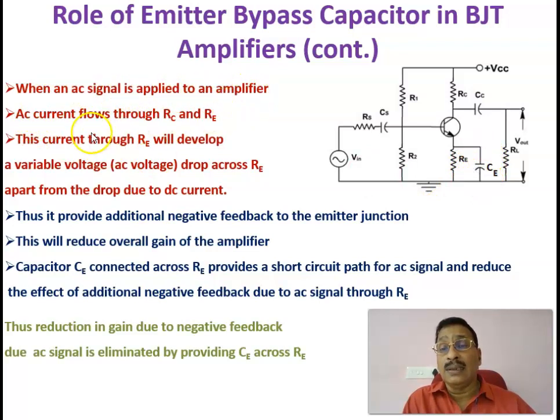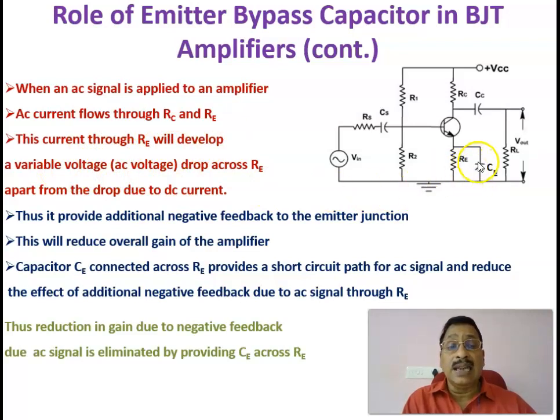When an AC signal is applied to an amplifier, AC current flows through RC and RE. In the absence of CE, assume that there is no CE here, and when AC current flows, it will be flowing through RC and RE. But the current flowing through RE will develop a variable voltage.